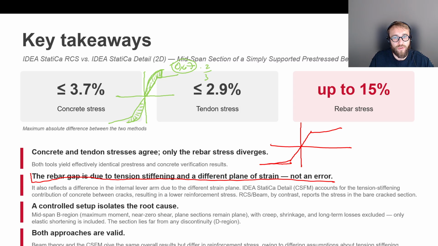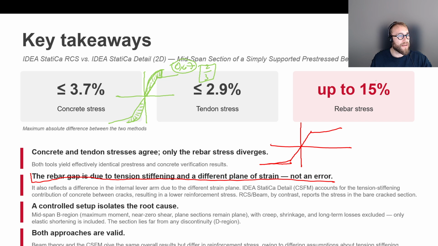So this is a two-third value, and you will be able to see those contributions of the tensile stresses that are based on the reinforcement ratio, because the curve is different for different reinforcement ratios.